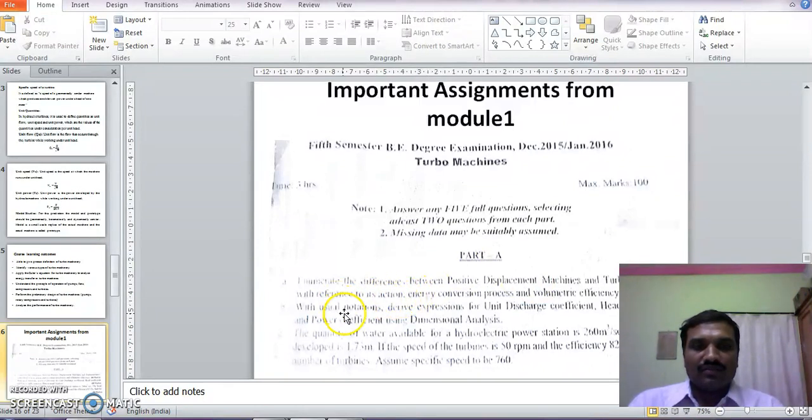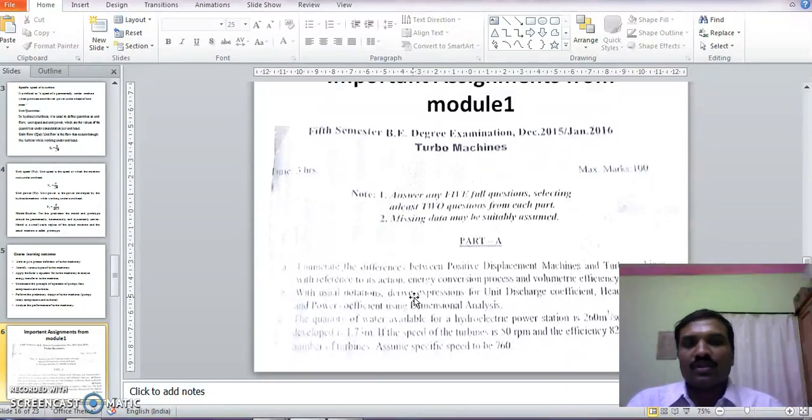But if you consider small derivations, like what you mean by specific speed, how we are going to derive the equation Ns for turbines and for pumps, that derivation normally they will ask.